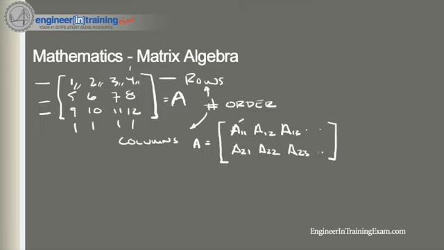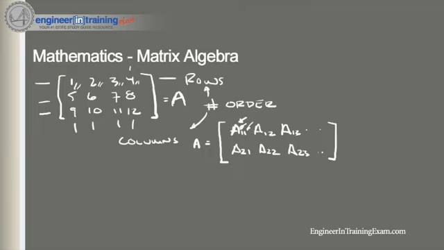Once again, the matrix is A. If this was matrix B, it would be a B or C. The first subscript is the row that element is in, and the second subscript is the column in which that element is in.